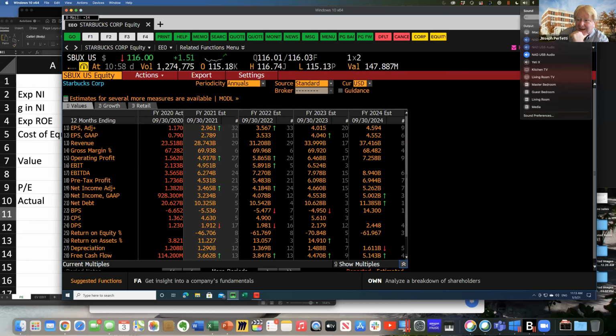You can't have a negative number into perpetuity for a viable business. So we can't use these negative return on equities, which all 3 companies have, because that doesn't make sense. So how might we come up with a return on equity for Starbucks?